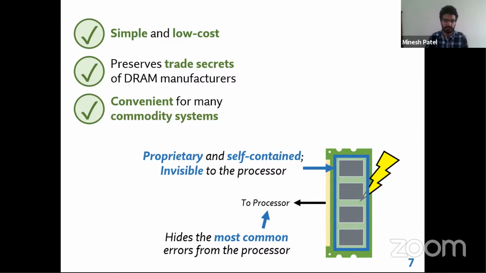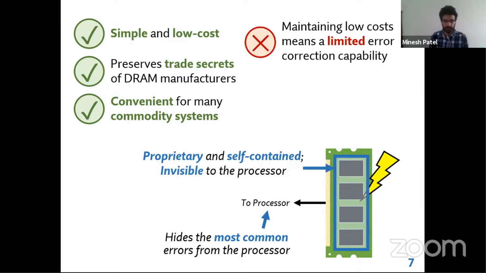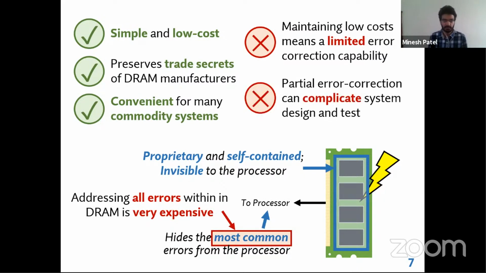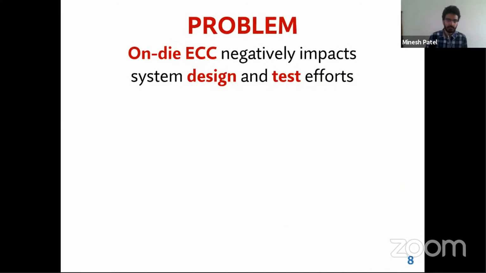However, on-die ECC has several downsides. First, it can only correct a limited number of errors. This is because addressing all possible errors within the DRAM itself is very expensive. And second, as a result of this partial correction, on-die ECC makes designing other error mitigations complicated. These downsides lead me into the key problem that we addressed throughout this work, which I can state as follows.